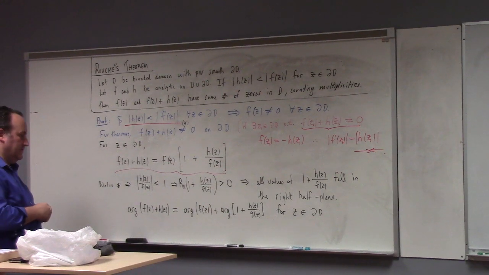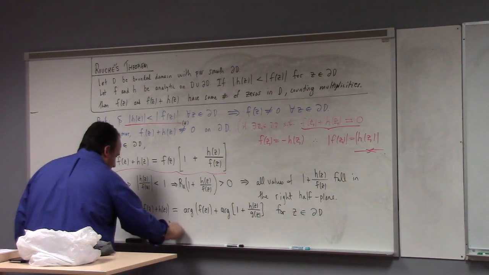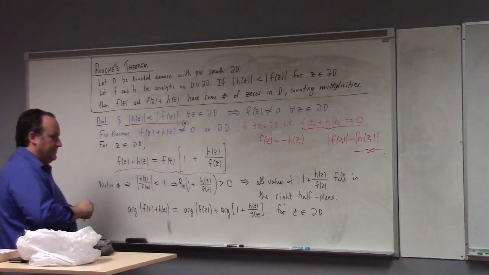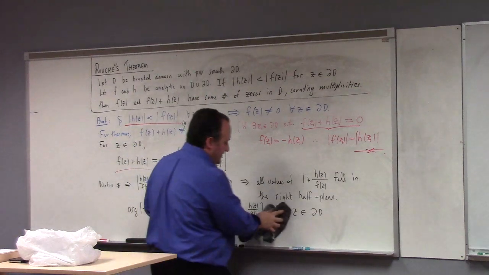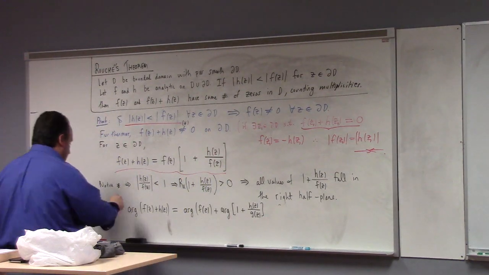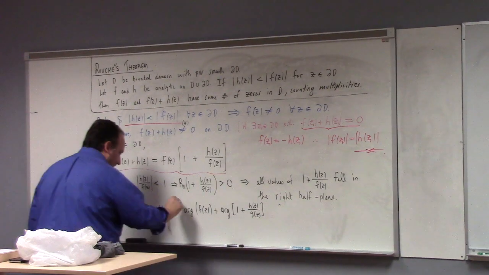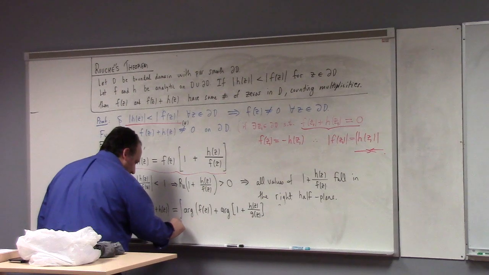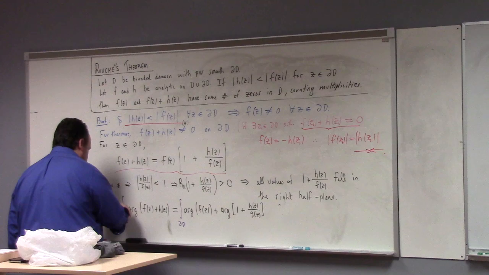So if we integrate this over the, well, let me save myself some writing, right? So what happens if we integrate both sides? What do you get? Right, take the differential.